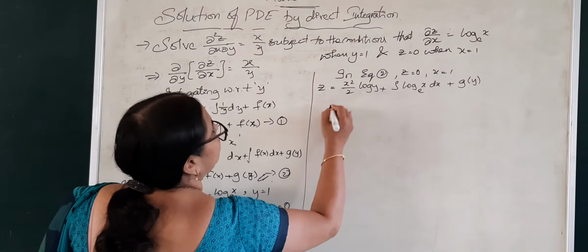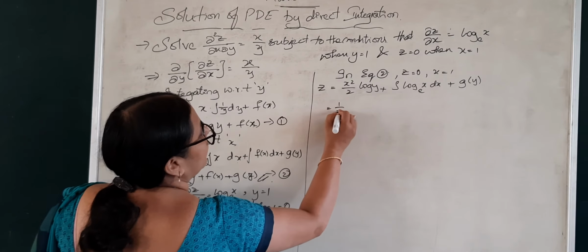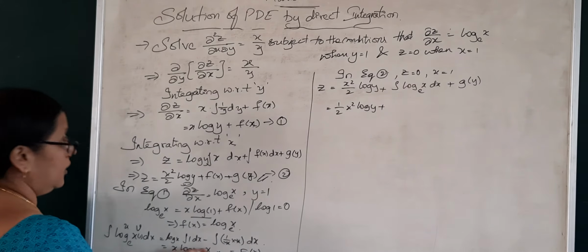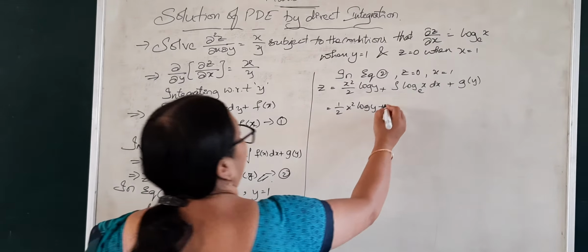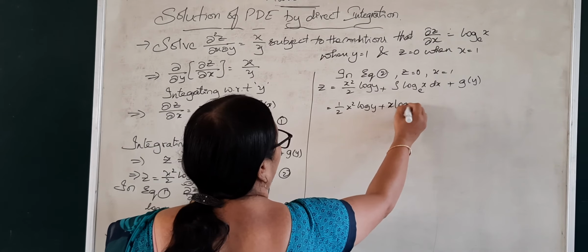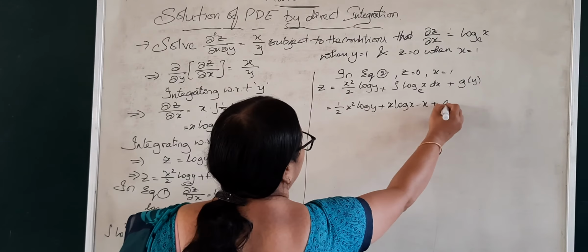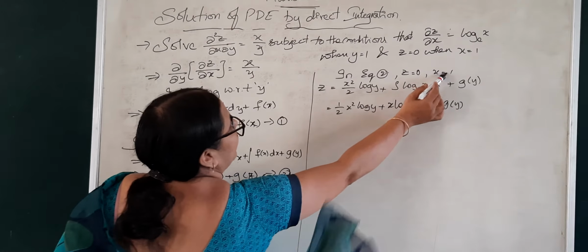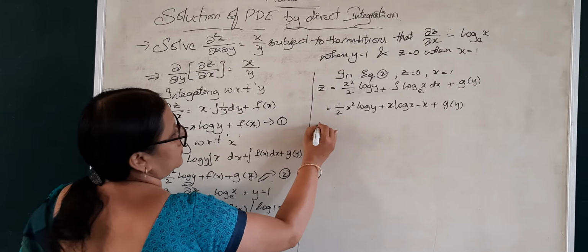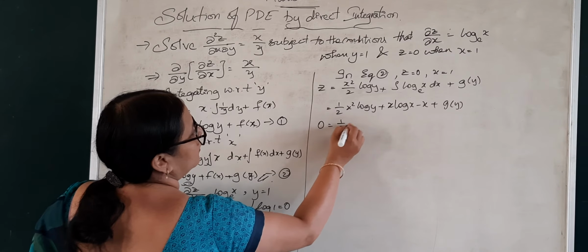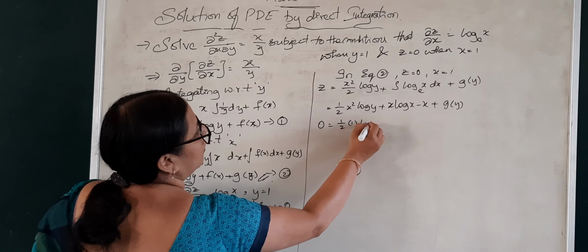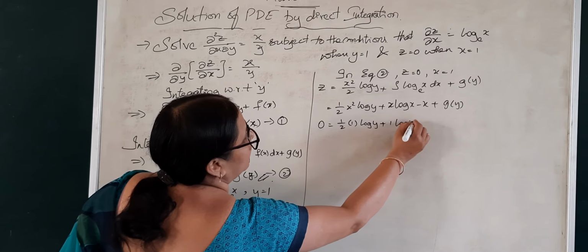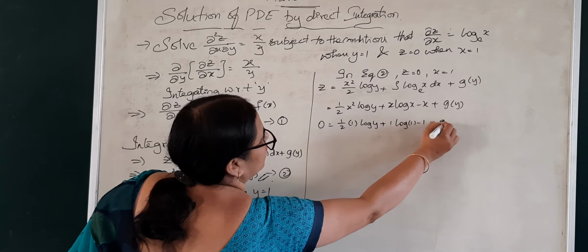So let us substitute here. This is going to be 1 by 2 x square log y plus, instead of that we will write x log x minus x plus g of y. Now put the values here, z is 0 and x is 1. So log y plus, x is 1, log 1 minus 1 plus g of y.